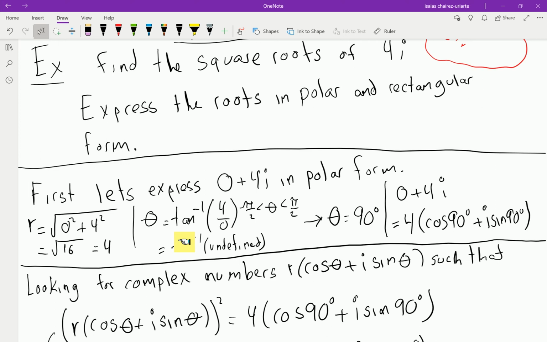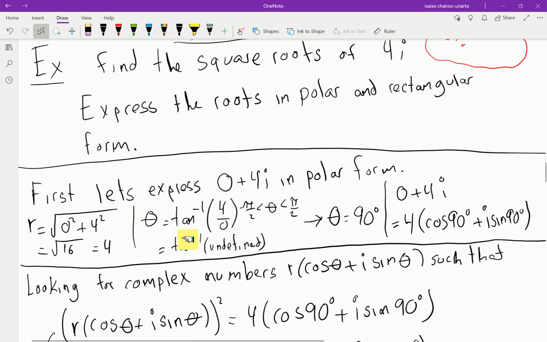If you remember, tangent is undefined for odd multiples of 90 degrees: 90, 270, 450, and so on.